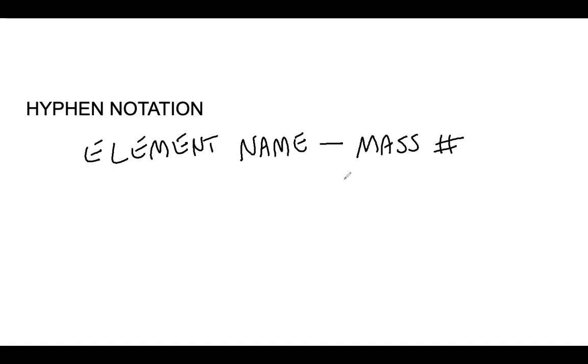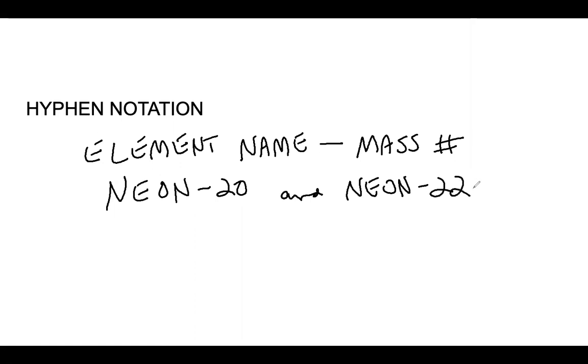If we go back to those two examples, the one isotope we would write as neon-20, and the other one would just be neon-22. And I have seen a hybrid of the two, so you could see the symbol neon-20 or neon-22.